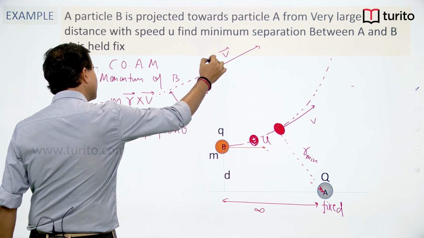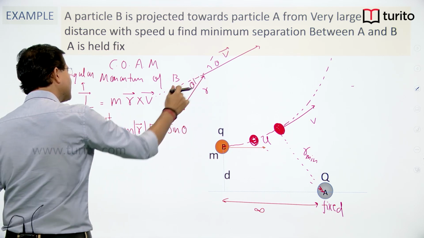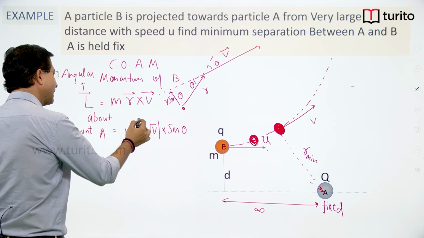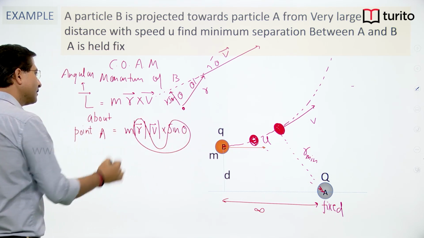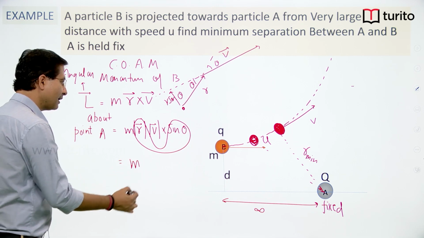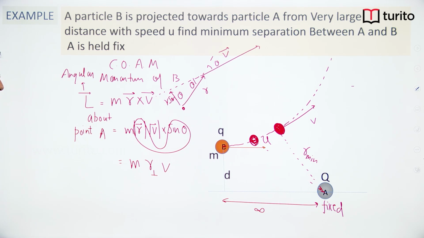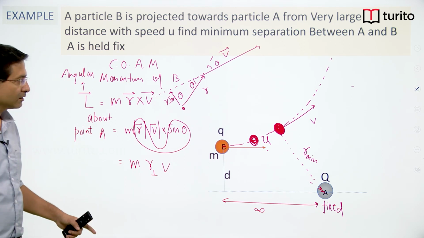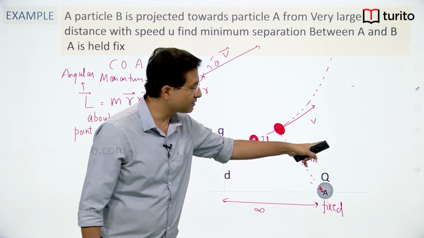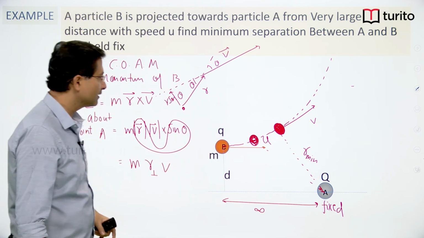If I extend this, this angle I am calling theta, so this distance will be r sin theta. So, I can also call this r sin theta r perpendicular, and this can also be written as m r perpendicular v. I hope this point is clear. So, if I extend this, this d is the perpendicular distance, right.